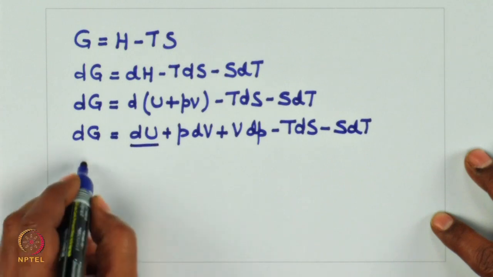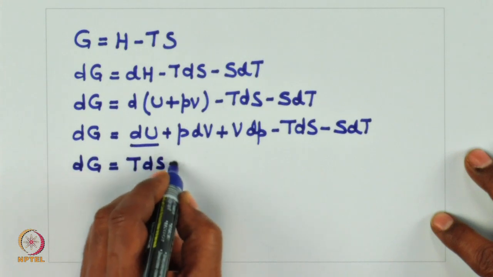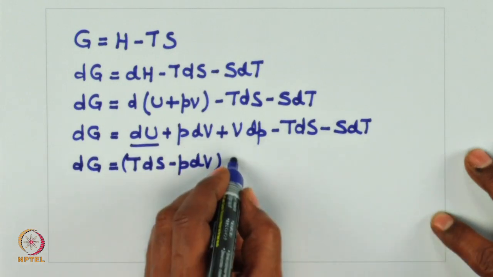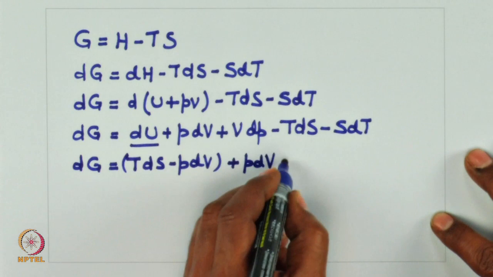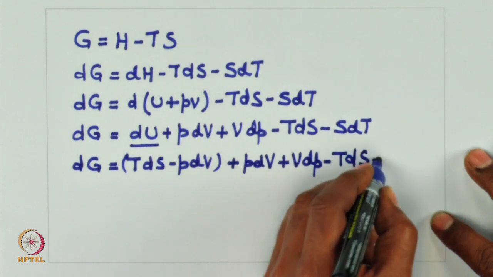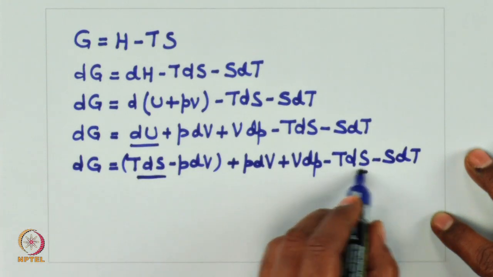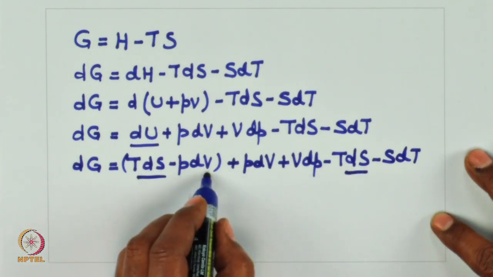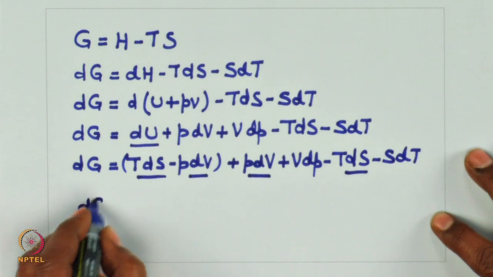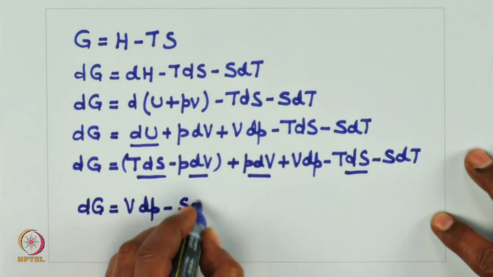Now, let me expand dU. So, dG is equal to dU, we just discussed dU is equal to TdS minus PdV, and everything else I will write as such, plus PdV plus VdP minus TdS minus SdT. So, TdS and TdS will get cancelled, minus PdV plus PdV gets cancelled. So, what we have is dG is equal to VdP minus SdT.